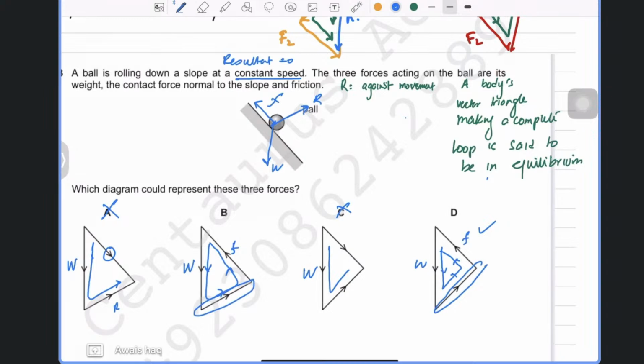So I would pick this answer, because it corresponds more to the resultant contact force than the D part. That's fine. Is it clear?